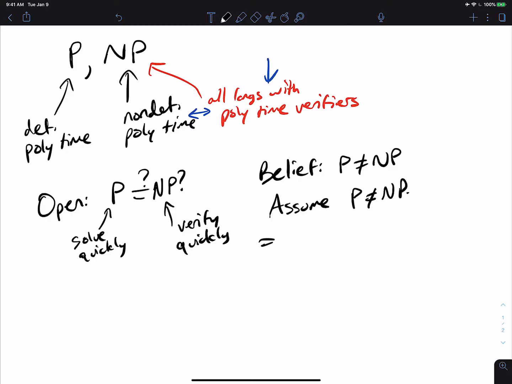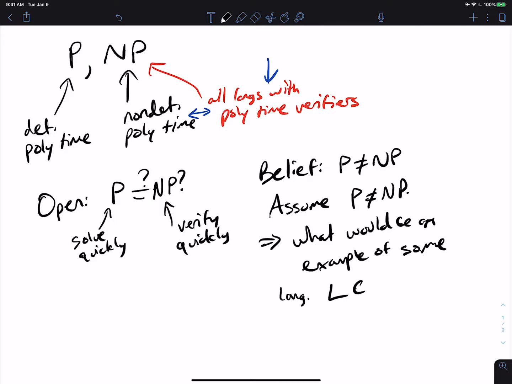Then from that, what you may be asking is, what would be an example of some language or problem L that's in NP but not in P?